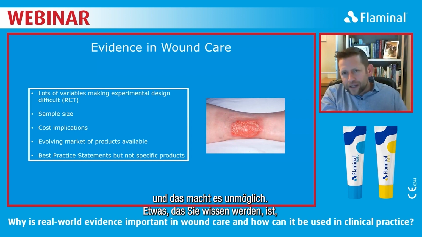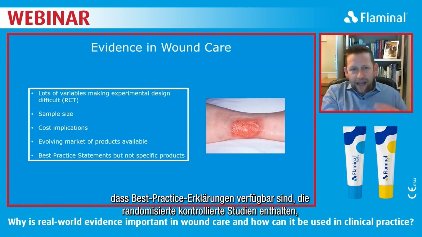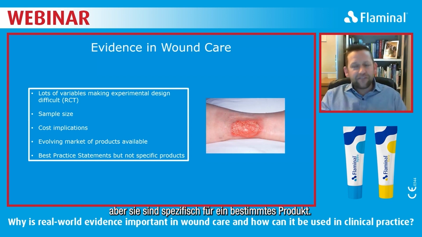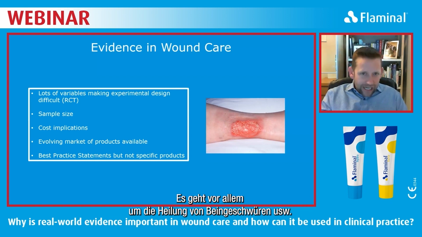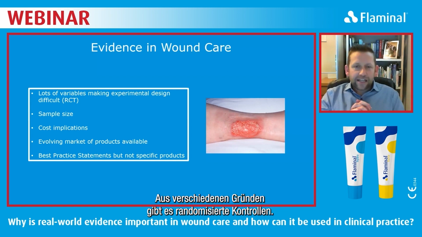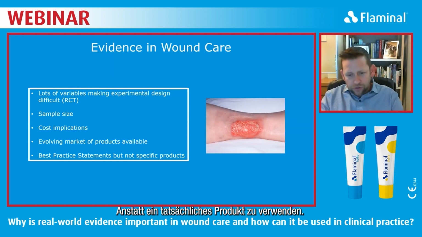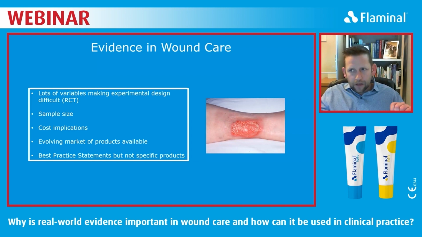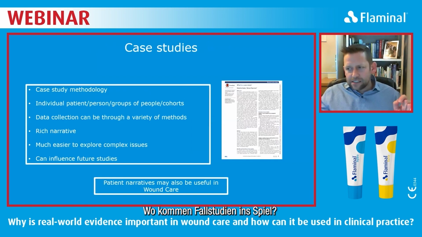Something that you will note is that best practice statements are available and they will have randomized controlled trials, but they're not specific to any product. It's generally around leg ulcer healing, etc., for various other reasons that they'll have done randomized controls, as opposed to doing an actual product. So where do case studies fit into this?